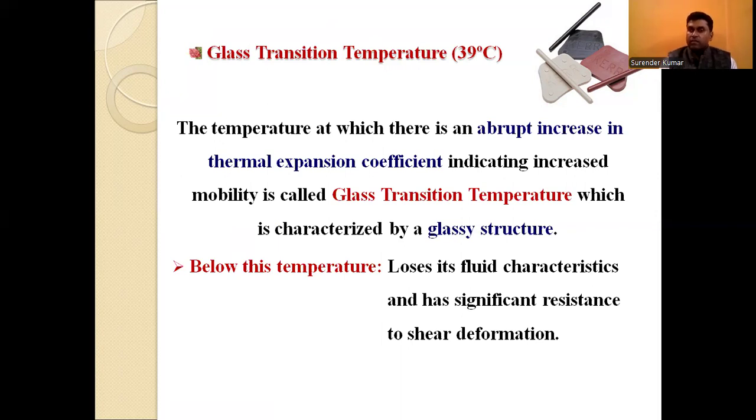So at this temperature, basically the molecules start to become mobile, their bonds are broken down, and they start to change from one state to the other. So below this temperature, it loses its fluid characteristic and has a significant resistance to shear deformation.